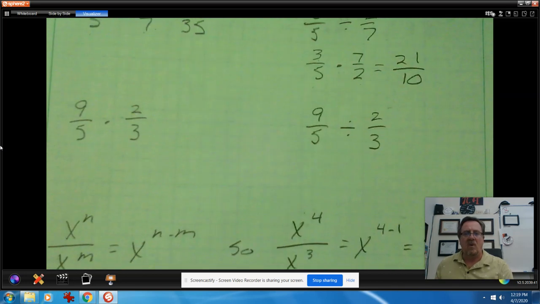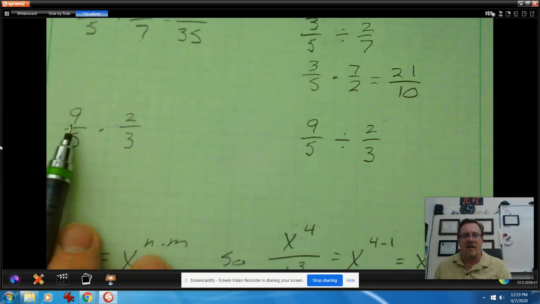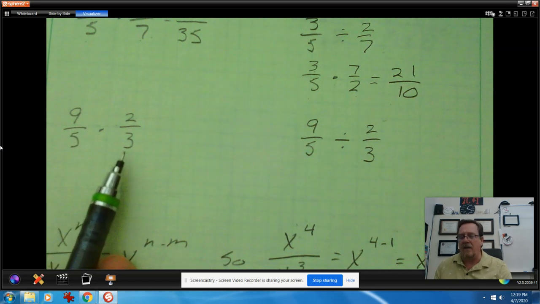But what happens when we have things that are the same on the top and the bottom? Like we looked at last lesson, you might have factors that are the same on the top and bottom, and then you can cancel those out or divide the top and bottom by those numbers. So when I look at this, I notice that 9 has factors of 3 times 3, and there's a 3 on the bottom.